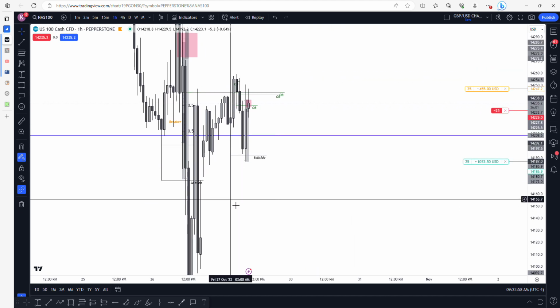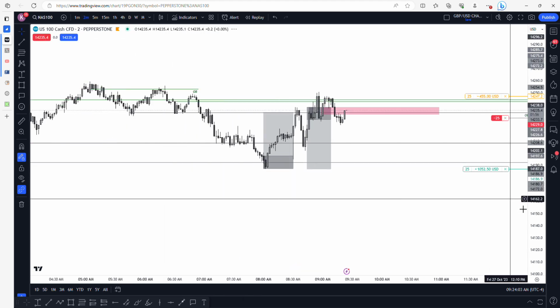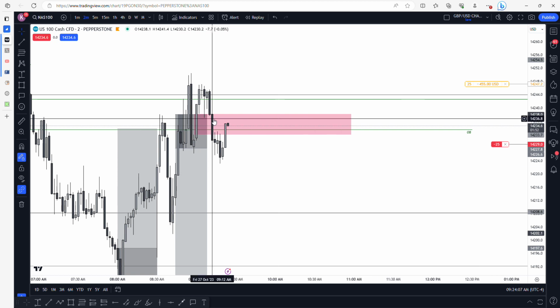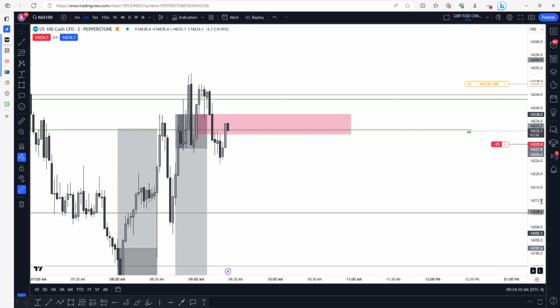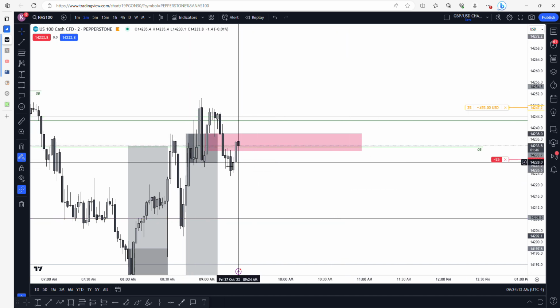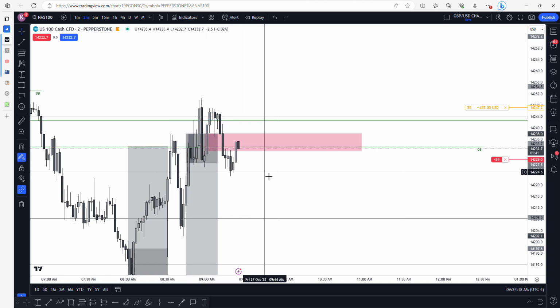It would have been a lot better if London was a lot lower right here. Then that would make my sell bias a lot stronger. Oh yeah, also we're inside of fair value. The only reason why I re-entered is because we broke this low right here again. I was like, okay, maybe it's time to go lower now.